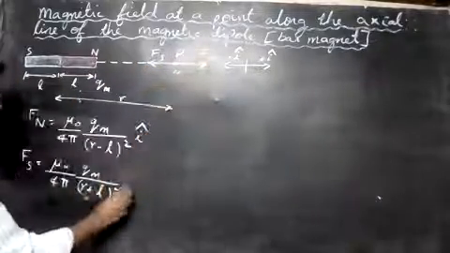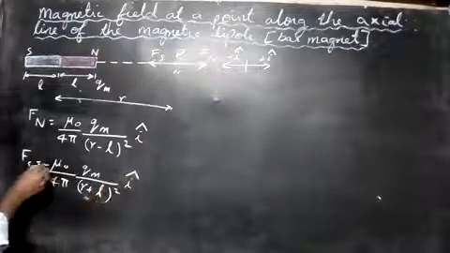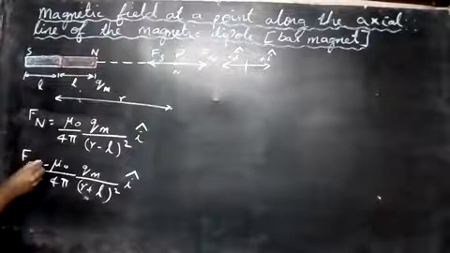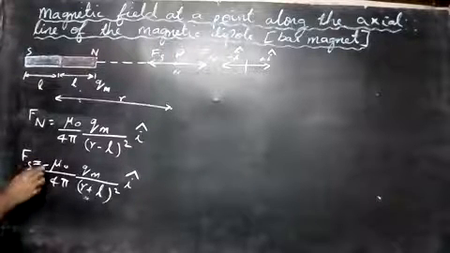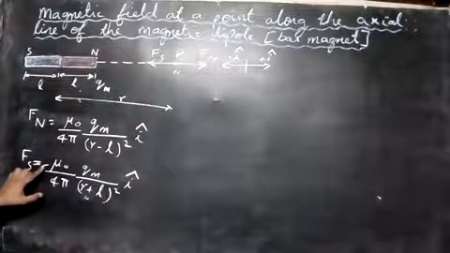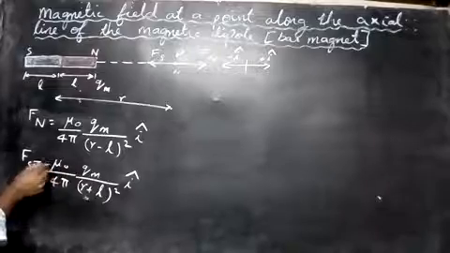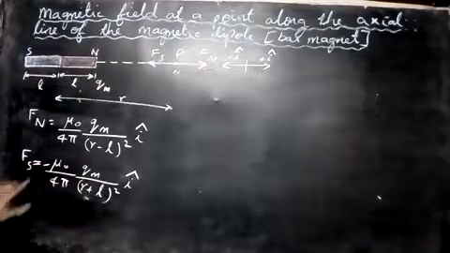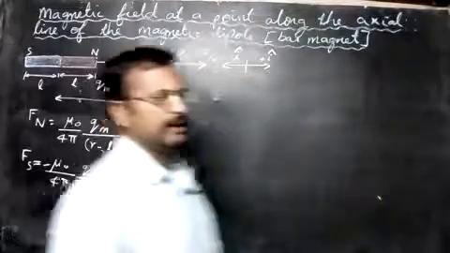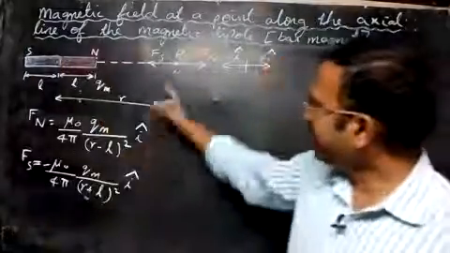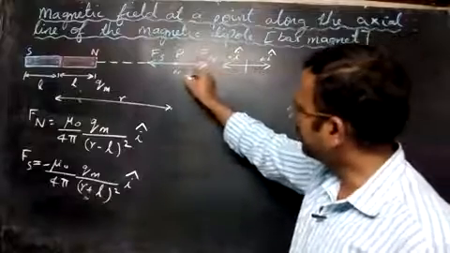It is very, very important to put the minus sign. If you leave out the minus sign, the whole derivation will go wrong. Remember to put the minus sign. Then next we'll add the two forces.